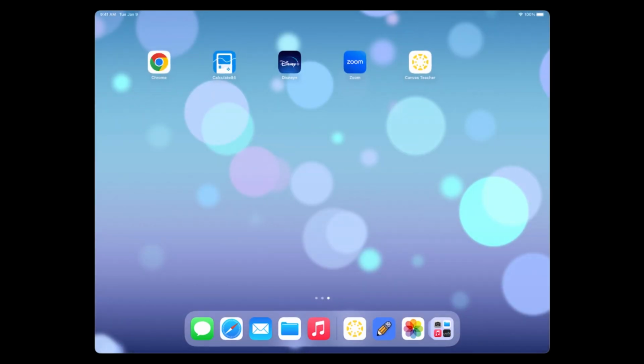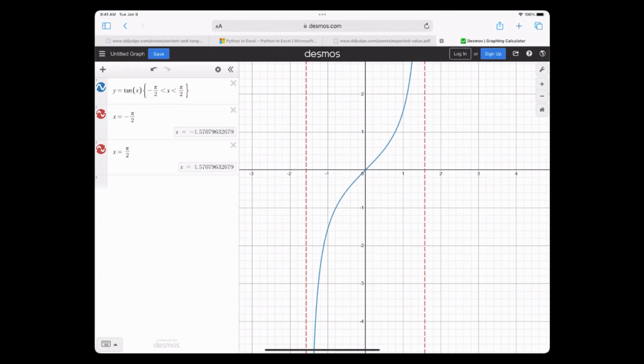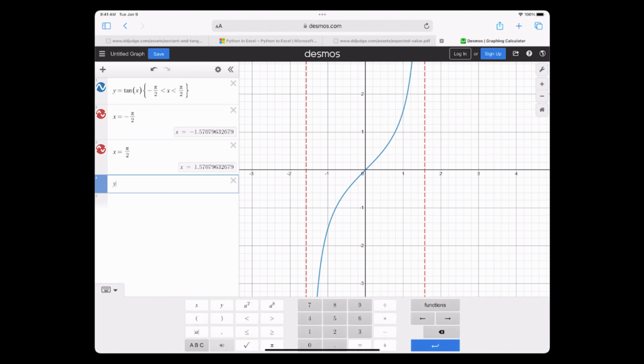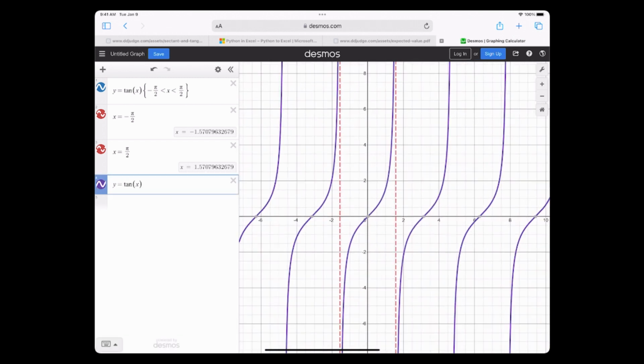You said, Mr. Judge, how many cycles exist? Well, if I just put tangent, generally speaking, I can remove those. I can leave those vertical asymptotes, but now this is infinitely many cycles.